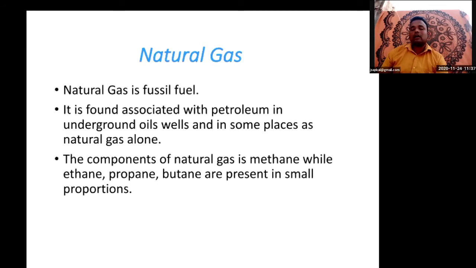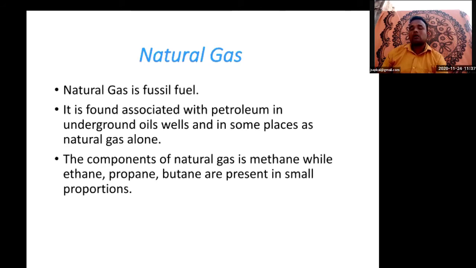Liquefied natural gas also makes it possible to transport the gas. See, how will you transport a gas? With the help of a pipeline, and whenever the pipeline is not there, we transport it under high pressure as compressed natural gas, CNG, that we use to run vehicles.